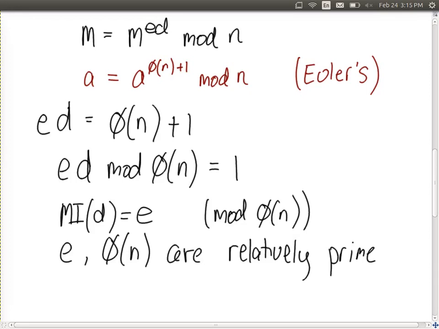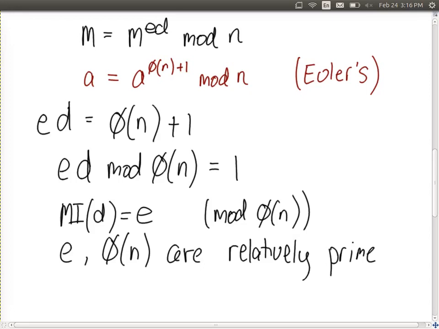So if we know E is relatively prime with the totient of n, we can find D, and it meets this condition, E times D mod the totient of n equals 1, which tells us that E times D equals the totient of n plus 1, and that means our equation for RSA encrypt and decrypt matches Euler's theorem, and that means that we'll always get the original m as output. The m that we encrypt will be the same as the m we get when we decrypt.